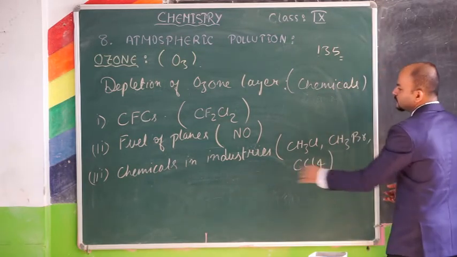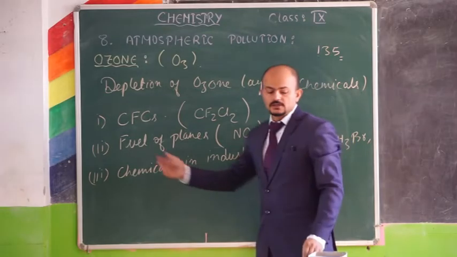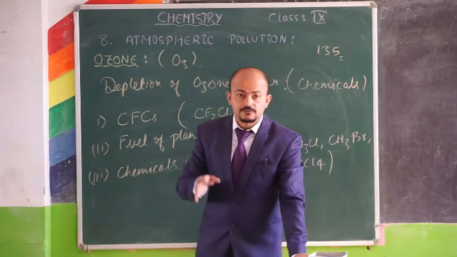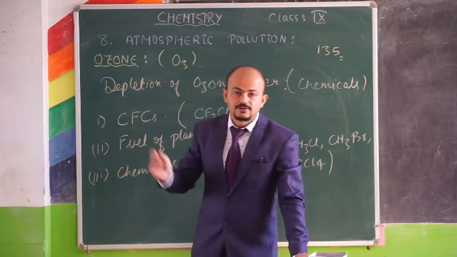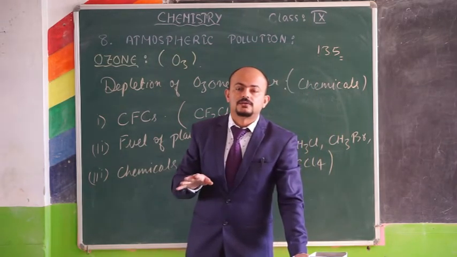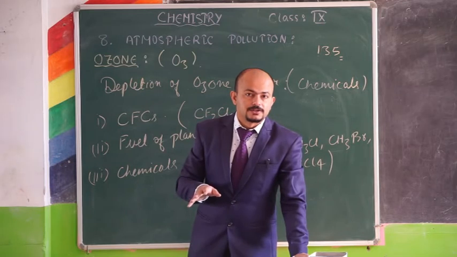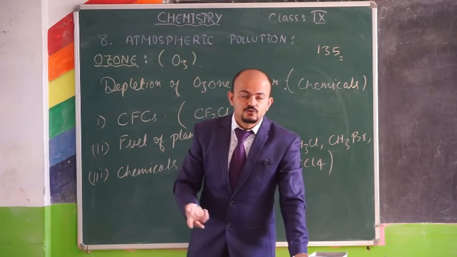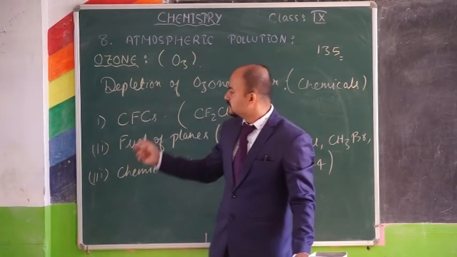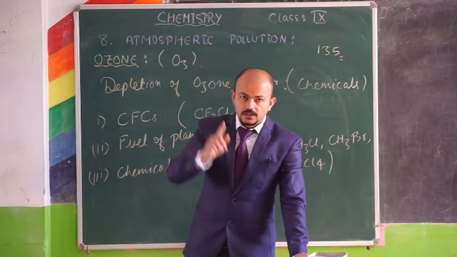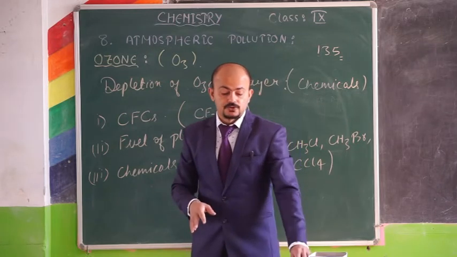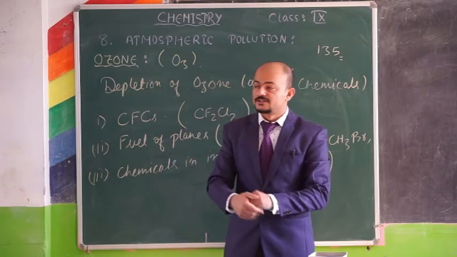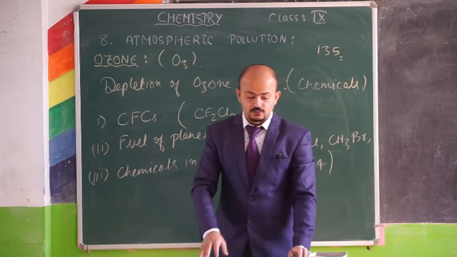These are the chemicals responsible for the depletion of the ozone layer. You have to remember these three points and their formulas. The main two, as I told you just before, are oxides of nitrogen and free chlorine radical. These are the things you have to learn from this topic of ozone and its depletion.